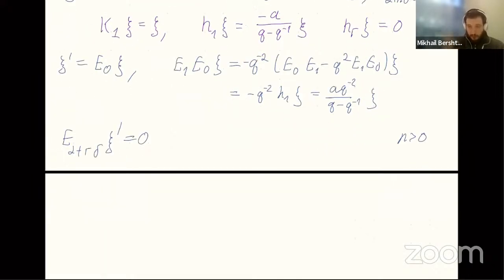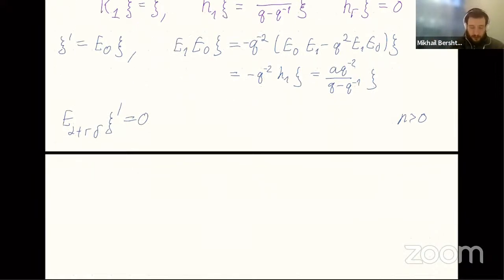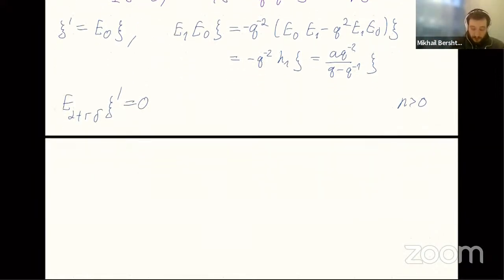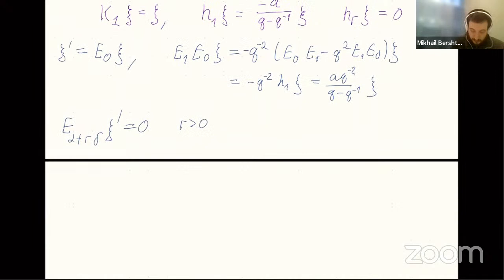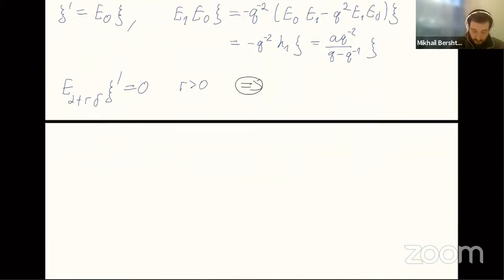Now let me make one more conclusion, and then I will come to the answer and write it down explicitly. On the other hand, we know that for all this, for R greater than 0. Now, a corollary from this will be the following computation.